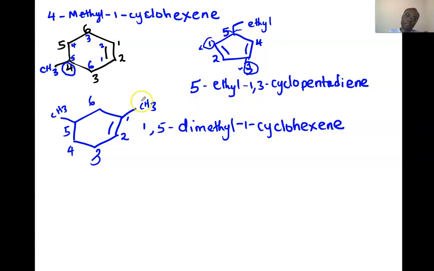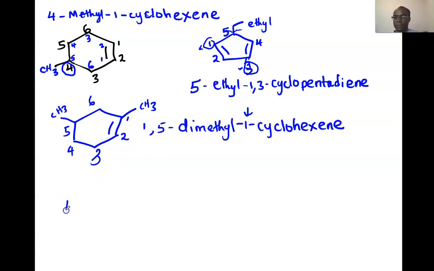In fact, most authors ignore the position of the double bond whenever it's just 1 in the ring, but I want you to get all the details right. So it's 1,5-dimethyl-1-cyclohexene.